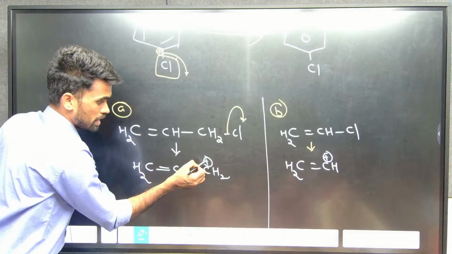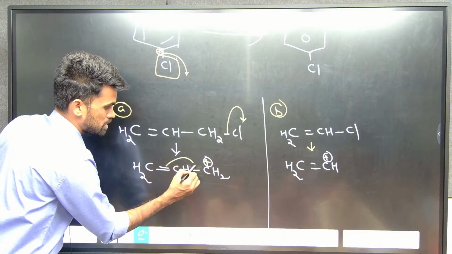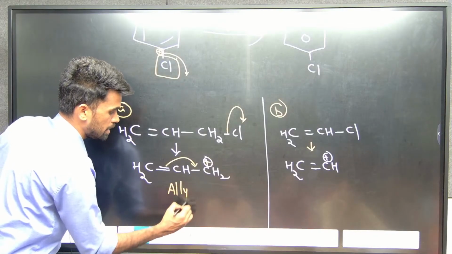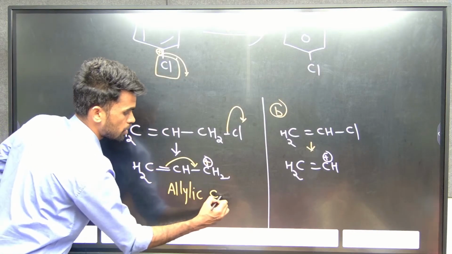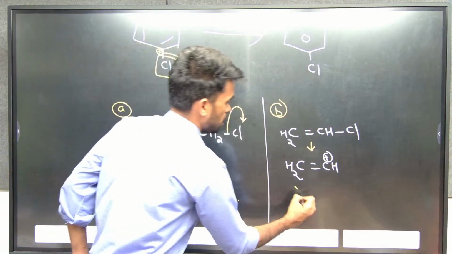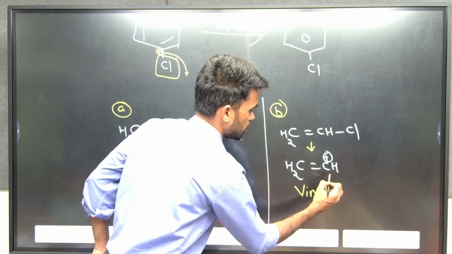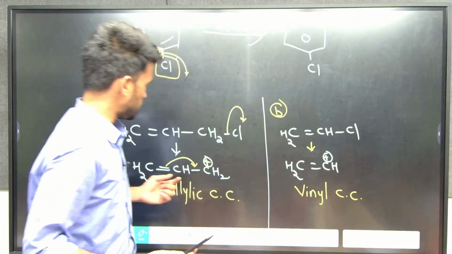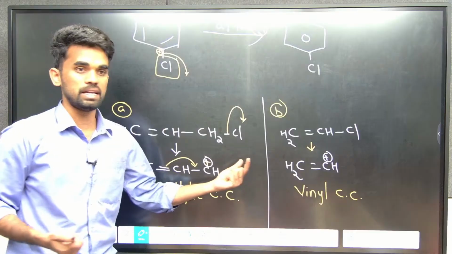After removing, we get a positive charge here that can be stabilized by conjugation. Alternate positions are there or not? So what is this called? Allylic carbocation. This is called vinylic, or vinyl carbocation. Which is more stable out of allylic or vinylic?